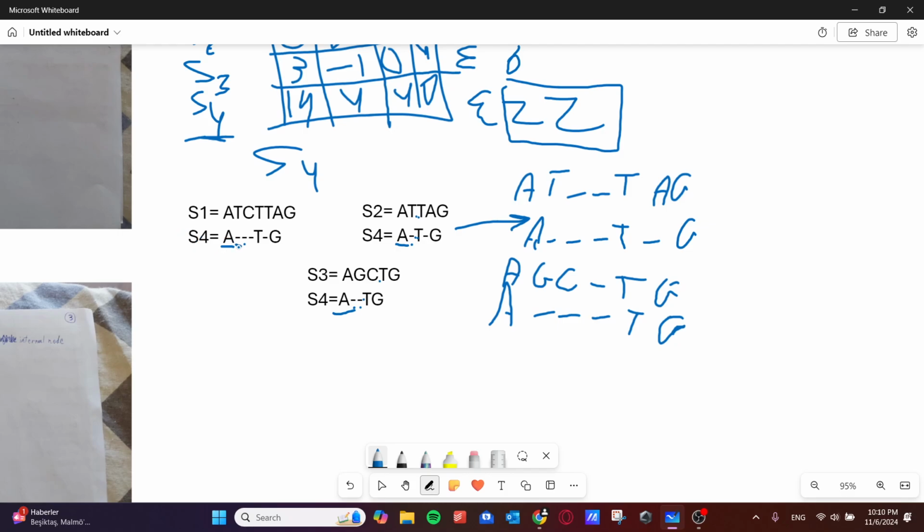Here I have gap gap, so three gaps. Here I have gap gap. A gap. Okay, it's okay. Then I have T, because this is the new one. After the T, I have gap here, I have gap here, but here I don't have gap. So I have to add gap here and gap to the S3.